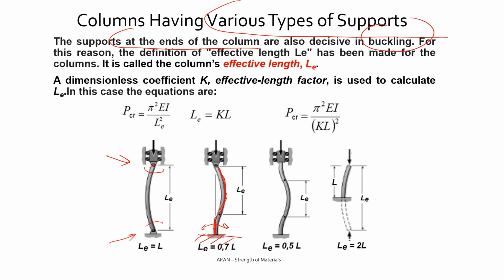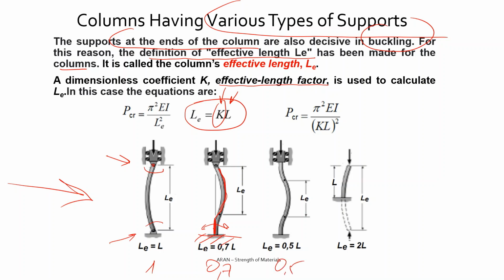So there is a definition of the effective length LE, which has been made for different columns, and LE is defined as K times actual length, and K is the effective length factor, and it is used to calculate the effect of the supports at both ends. You see in the examples, here K is 1, here K is 0.7, here K is 0.5. If you have a free end, then K is 2.